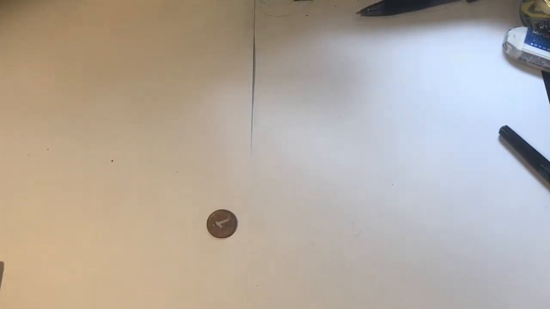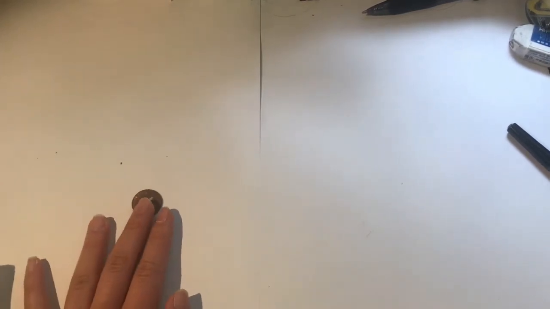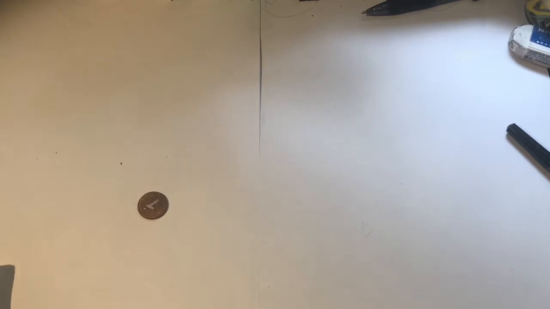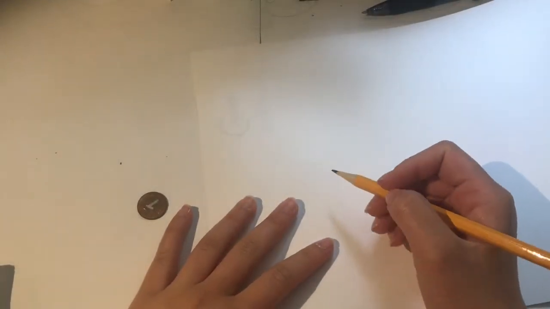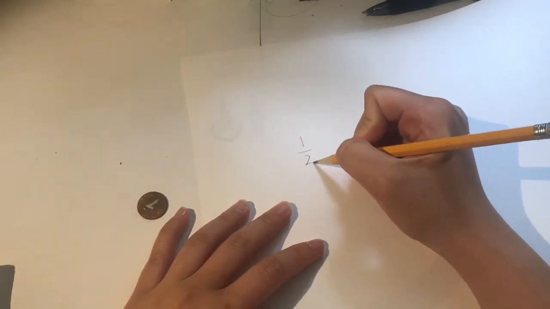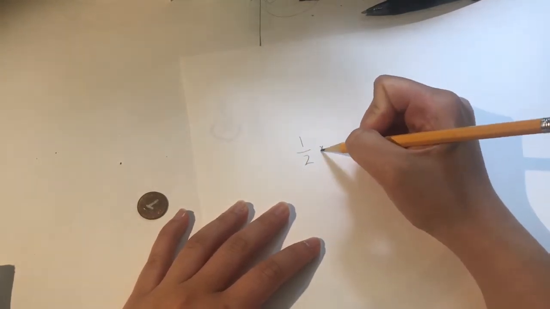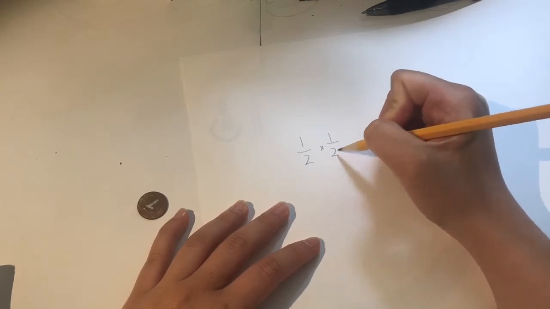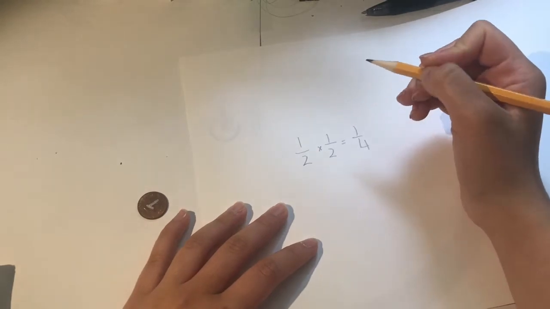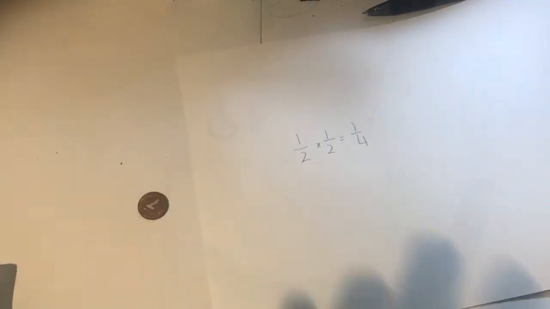Well, we have either heads or tails, so we have a 1/2 chance of getting heads the first try, times 1/2, which is 1/4. And in order to get heads both times, this is an "and" statement.